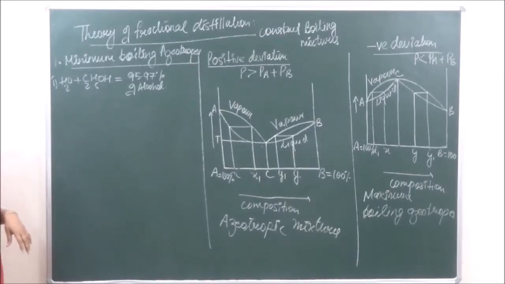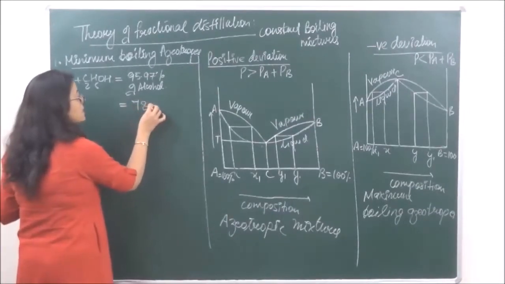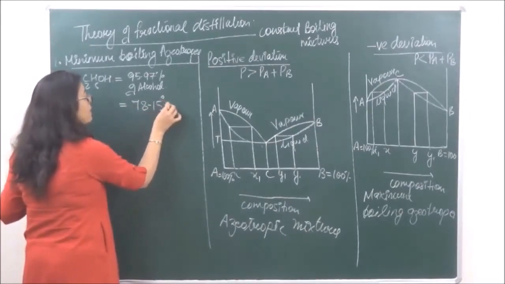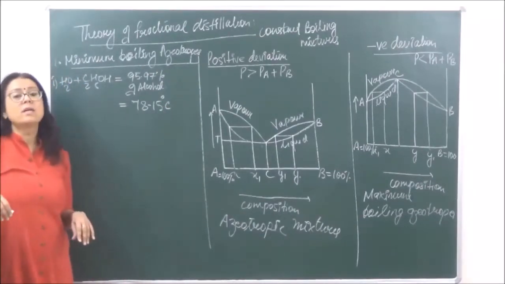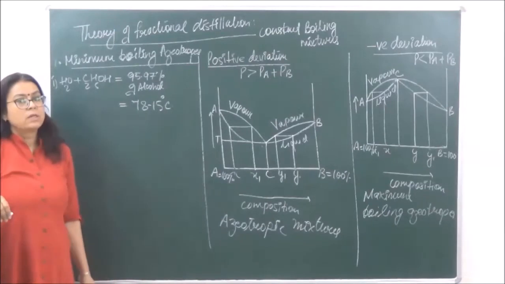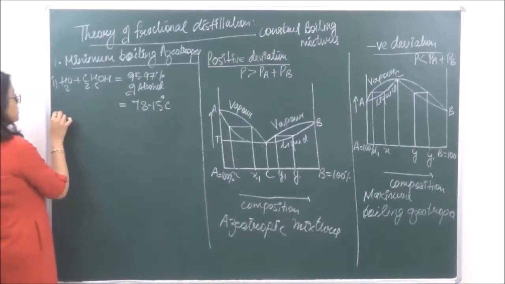And the temperature which is coming over here at point C is 78.15 degrees Celsius, which is lesser than both water and alcohol. Is it clear?